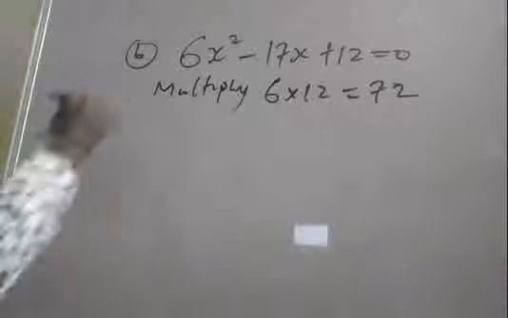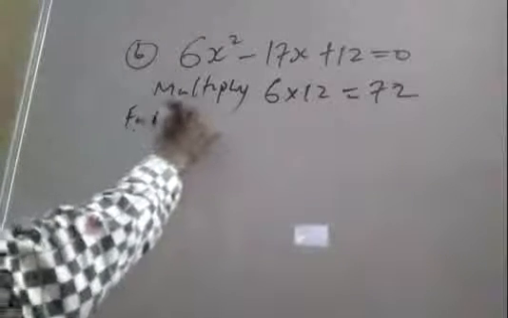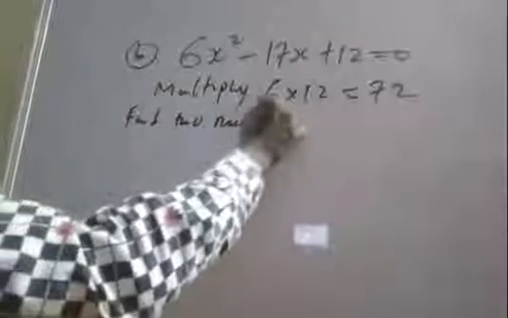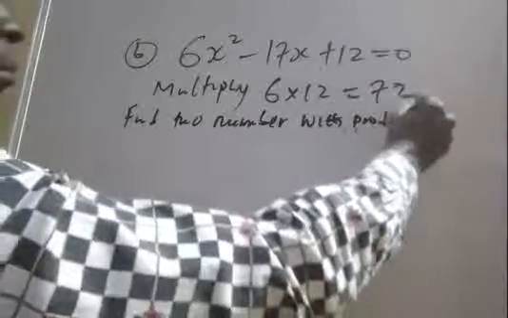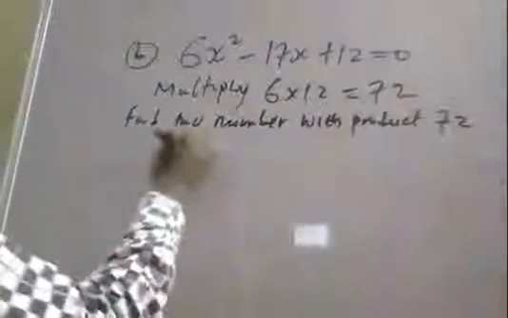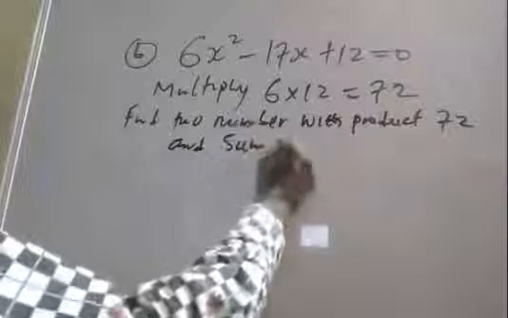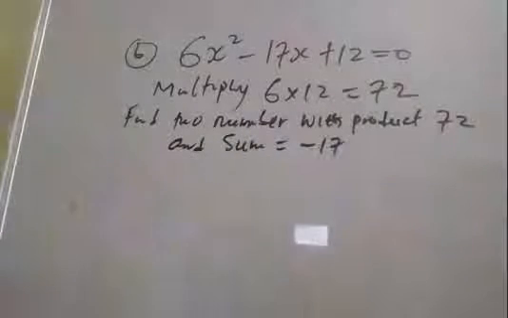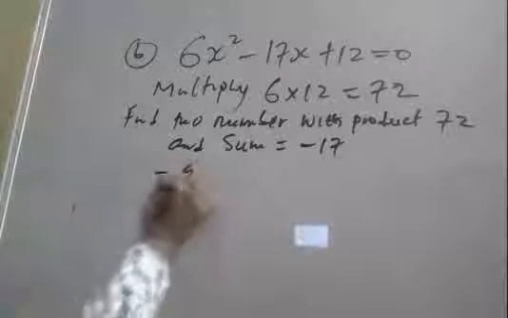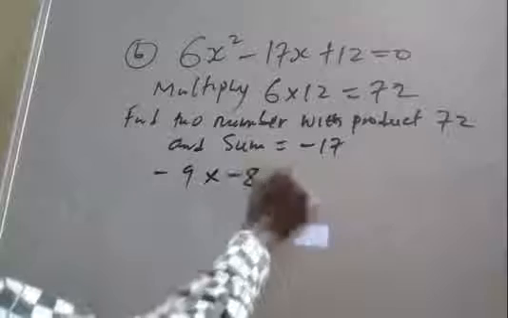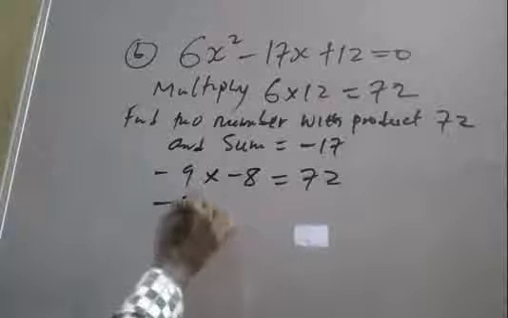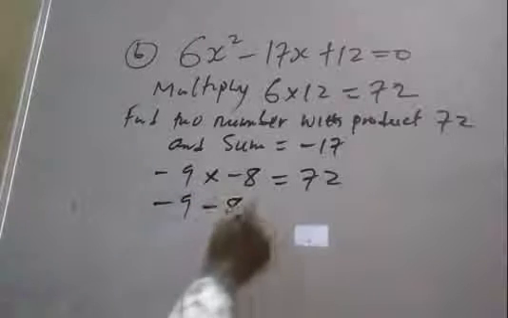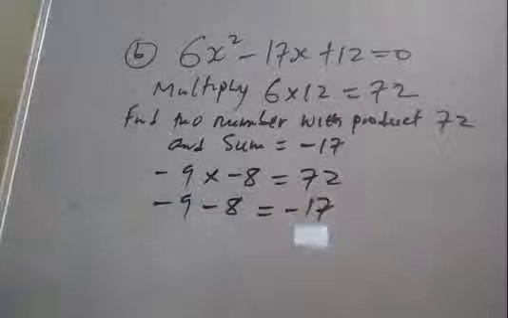Then find two numbers with product 72 and sum is minus 17. So we have minus 9 times minus 8 is equals to 72, and minus 9 plus minus 8 will be equals to minus 17.